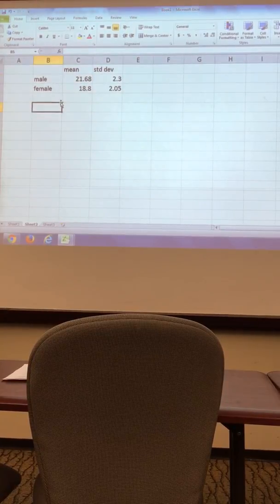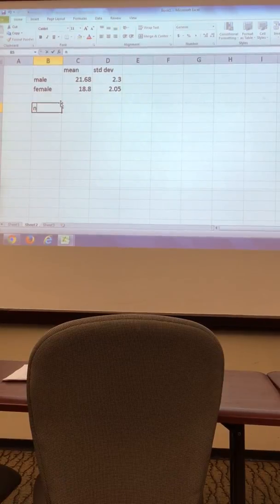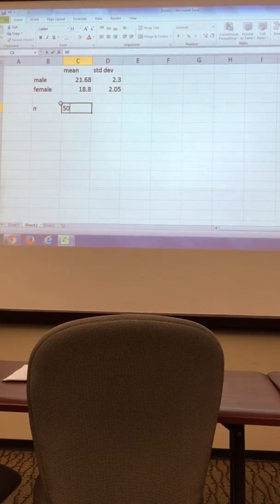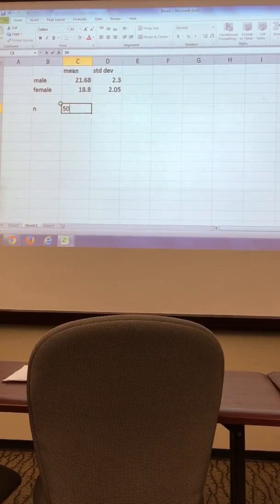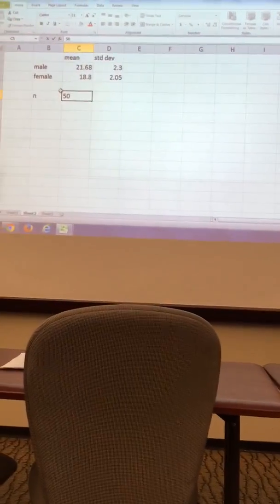Question A states, what is the probability that a sample of 50 male graduates will provide a mean within 50 cents of the population mean?